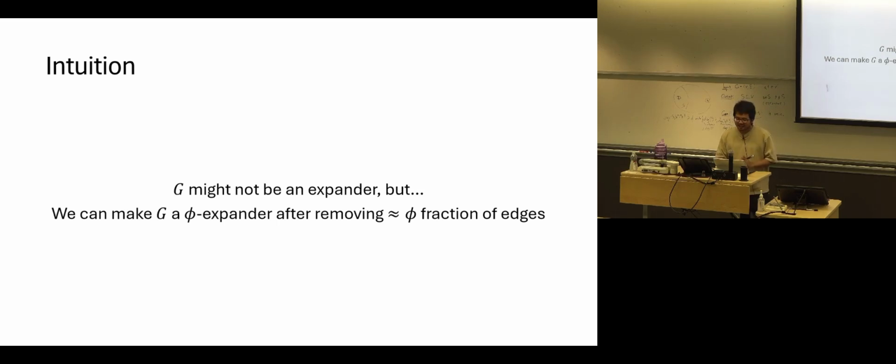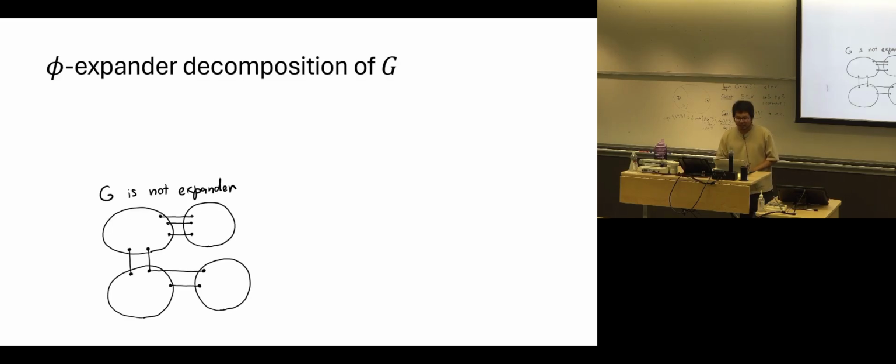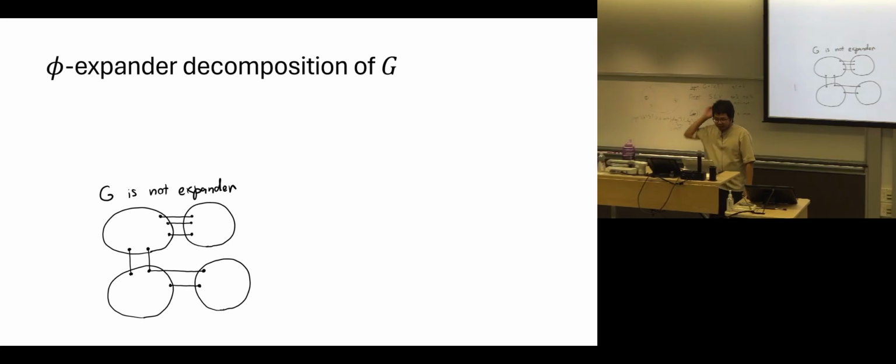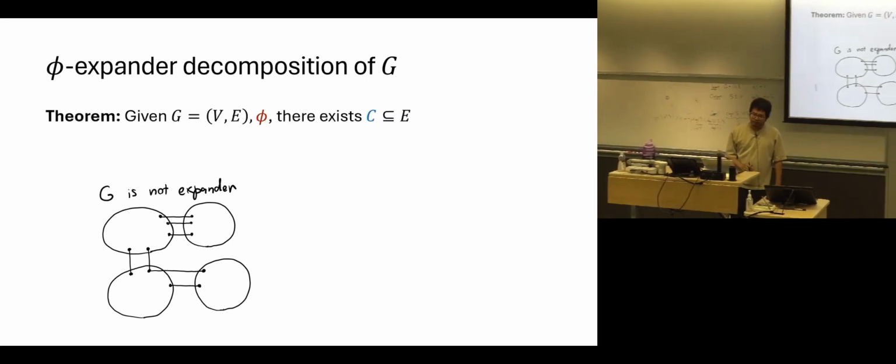Okay. So let me be more formal. Think of this as some graph that is not an expander. Maybe this part is a clique or something. And the theorem says this.